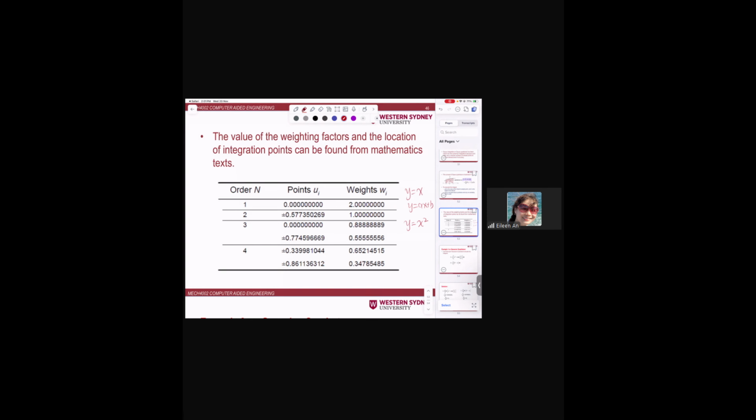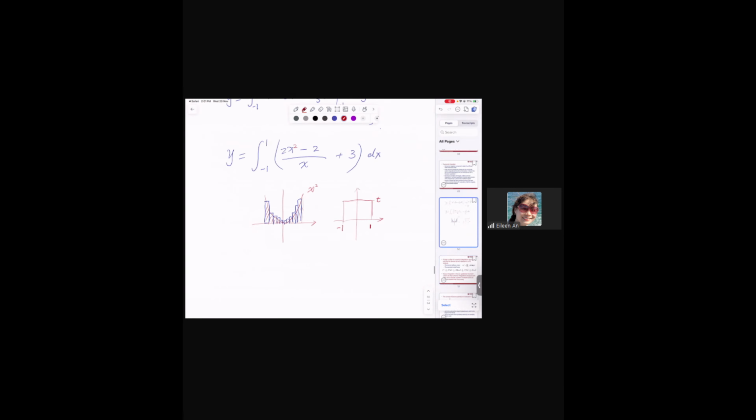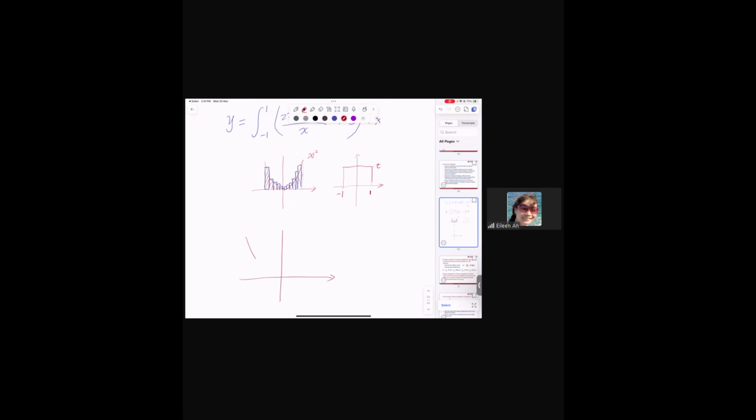Okay, so for this curve, x squared, and this is minus 1, this is 1. We need to select the points, negative 0.577 and positive 0.577.